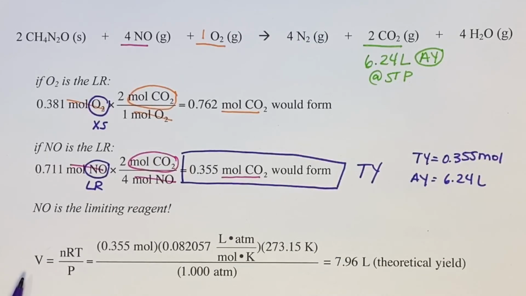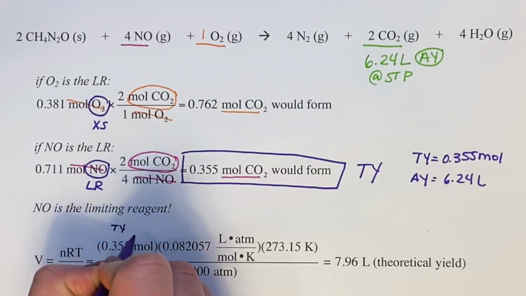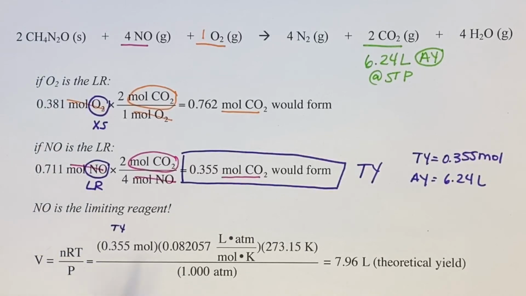When I solve the ideal gas law for volume, I find that V is equal to nRT over P, and as I substitute in for the values that I know, I have my 0.355 moles, which was my theoretical yield. R is my gas constant, 0.082057.